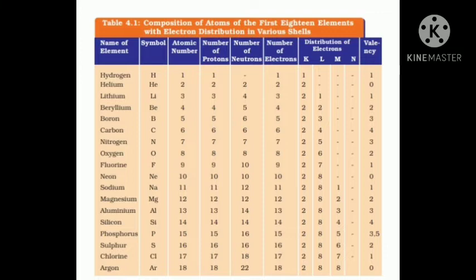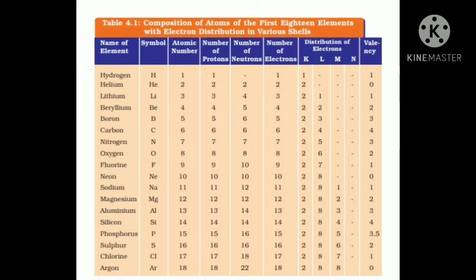Sulfur, S symbol, atomic number 16. So the number of protons and electrons are 16, neutrons also 16. Distribution of electrons 2, 8, 6. 6 electrons in the outermost shell, so 8 minus 6 equal to 2, that is the valency.